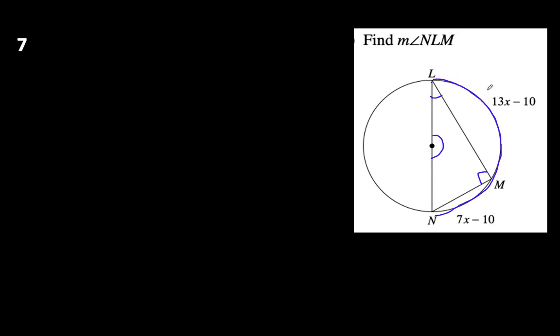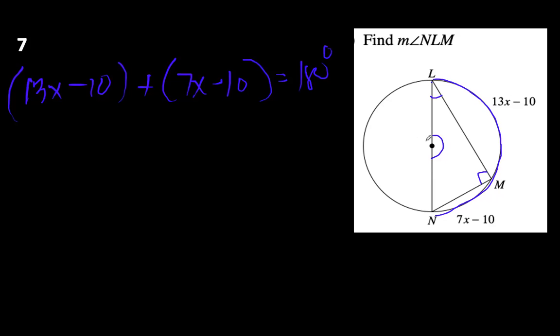Therefore, if we add these two arcs, they're equal to 180 degrees, right? So 13x minus 10 plus 7x minus 10 is equal to 180. Why 180 degrees? Because we have a central angle and a diameter at the same time.